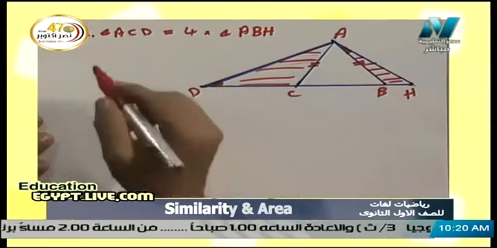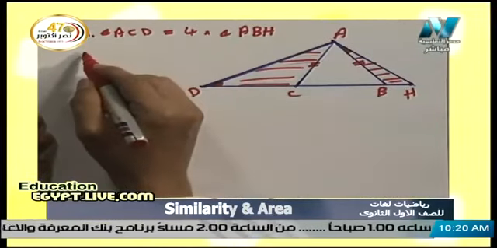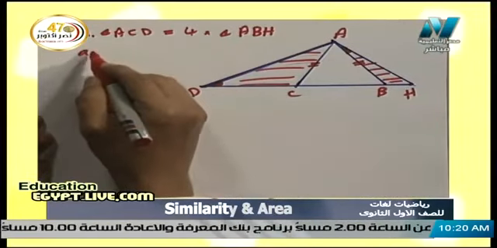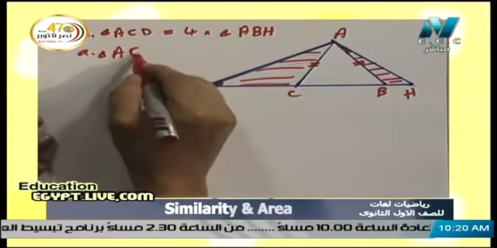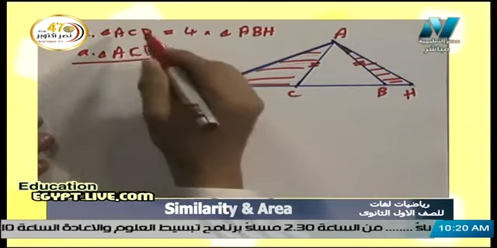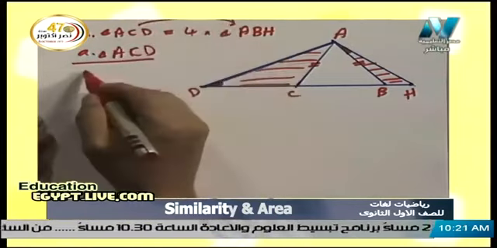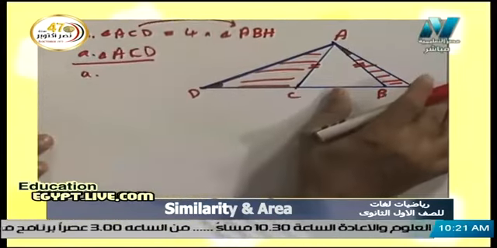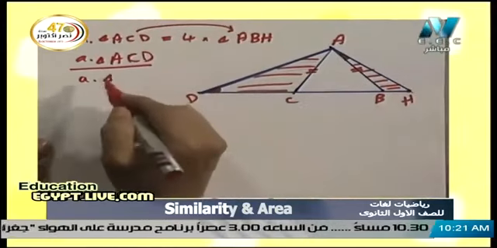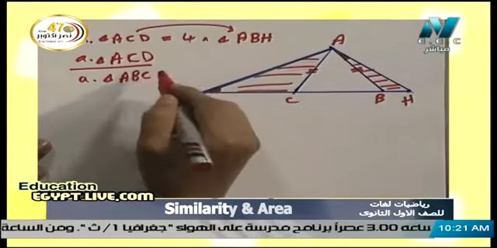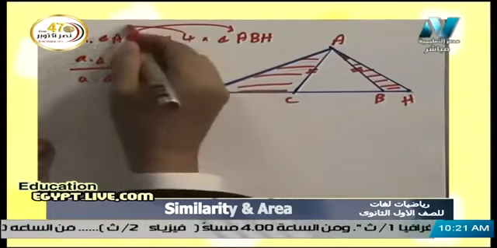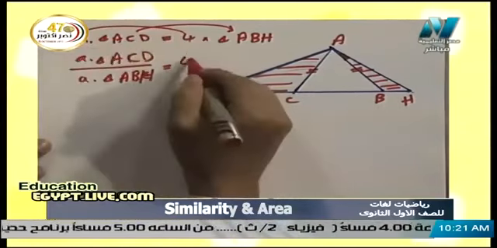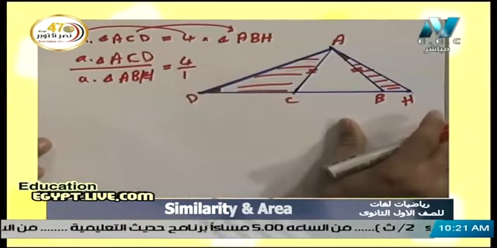So we can say that the ratio between the area of triangle ACD over the area of triangle ABH equals what? Equals 4 to 1. It's vice versa.